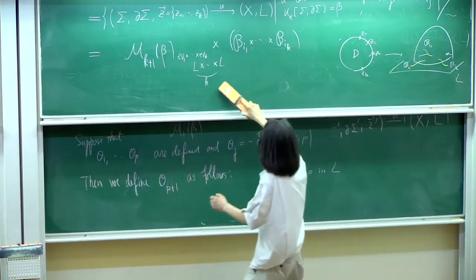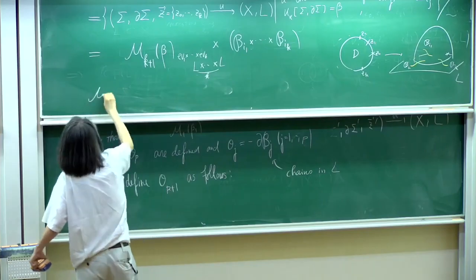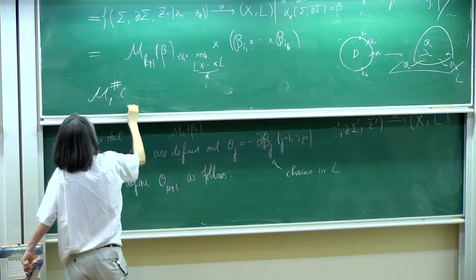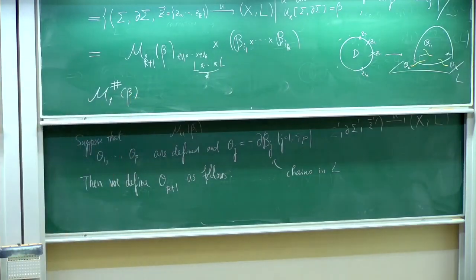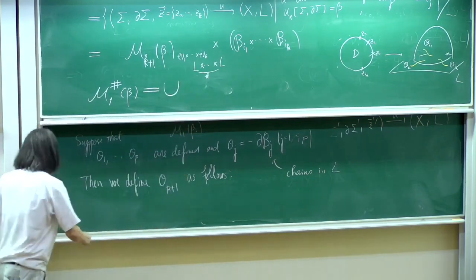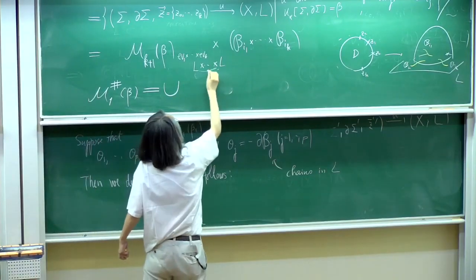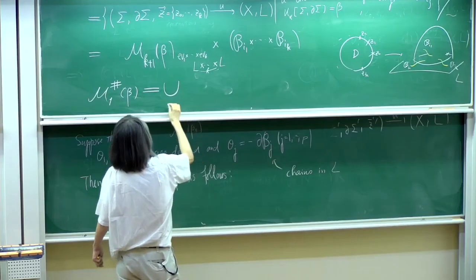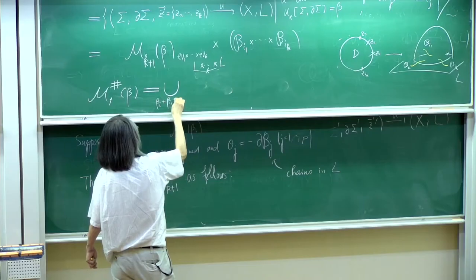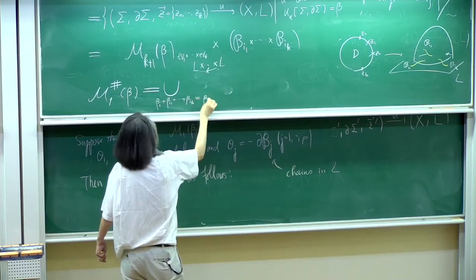And finally, I consider the next one. So this is just a notation at this moment. Maybe M_1^# (beta). Maybe this is rather strange notation, but anyway, this one is actually a union of the following things, where I have beta_{i1} plus ... plus beta_{ik} equal to beta_j.